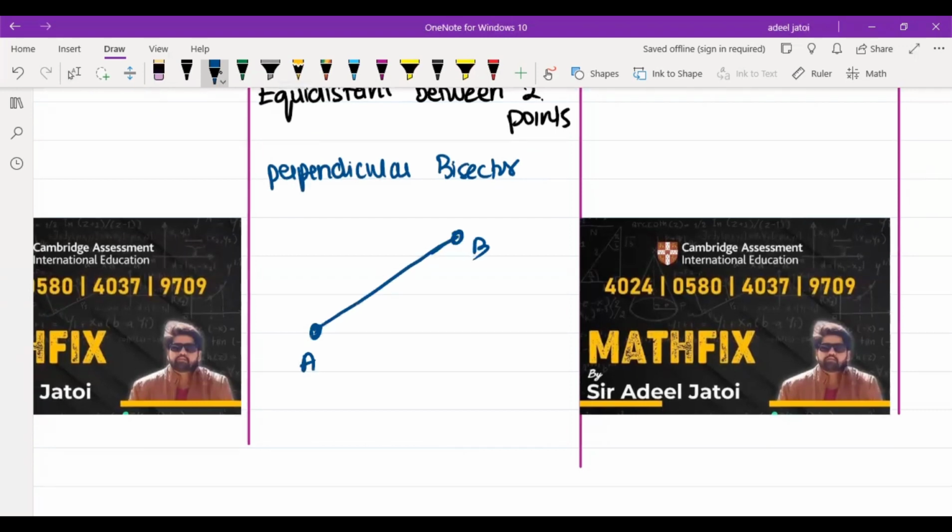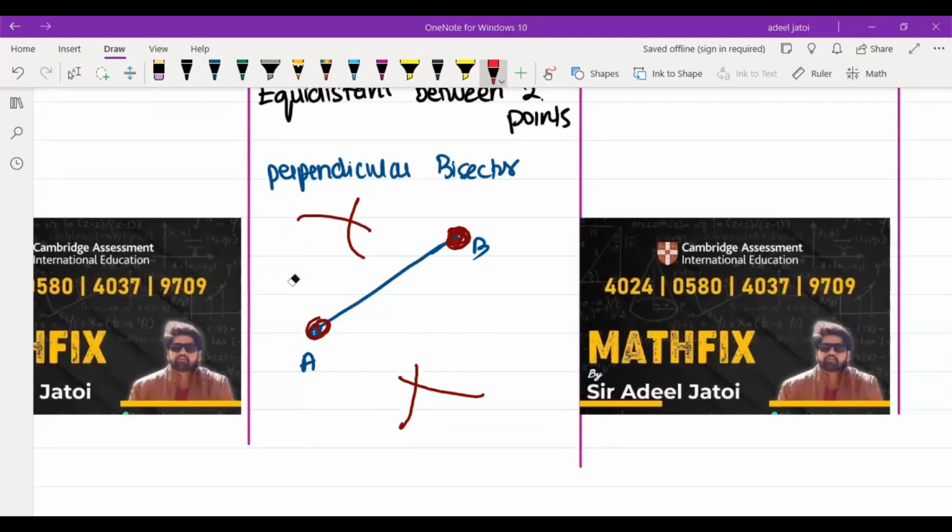You take the compass and put it down on A, and you draw the line here and here. Similarly, you keep the compass on B and draw the line here and here. So the line will be your perpendicular bisector line, creating an equidistant line.